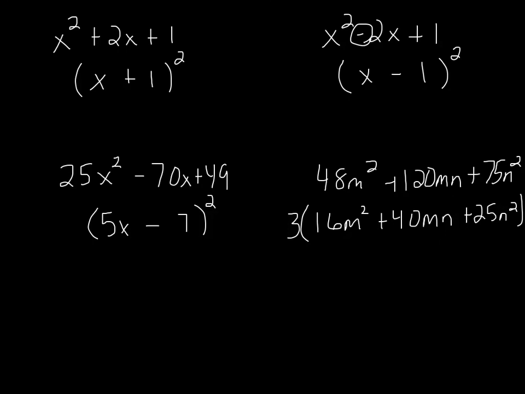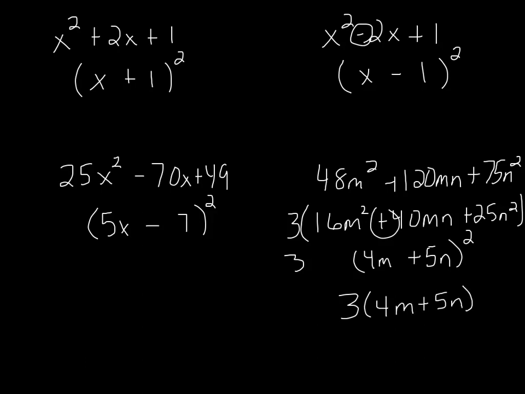And now we have perfect squares, so then we do 3 times, we got 4m, and we have 5n, and the sign in the middle is positive. And there we go. So your final answer is kind of ugly, but 3 times the quantity 4m plus 5n squared.